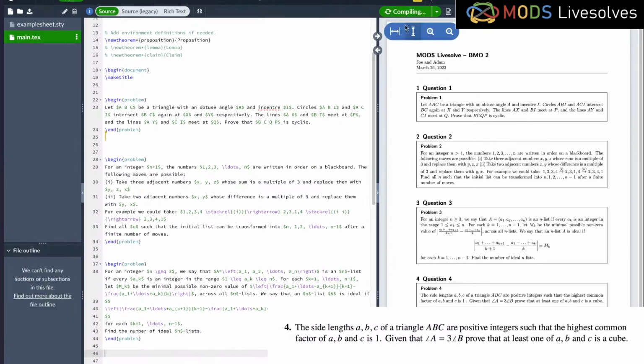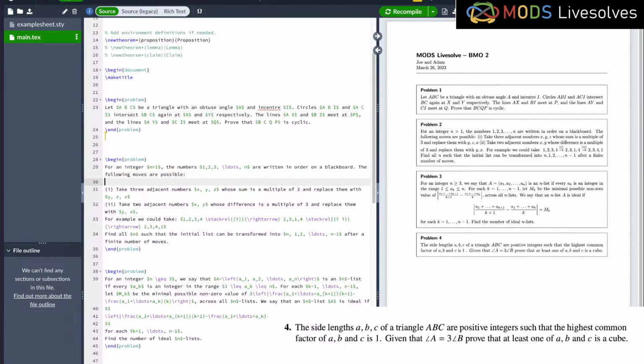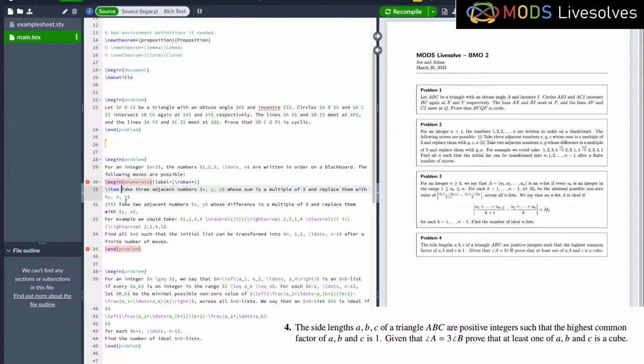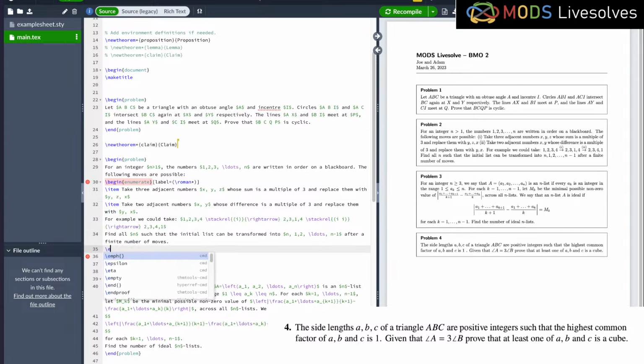Okay. Yeah, just use whatever formatting. No, it's just begin claim, end claim.